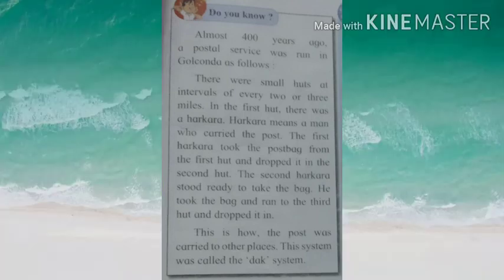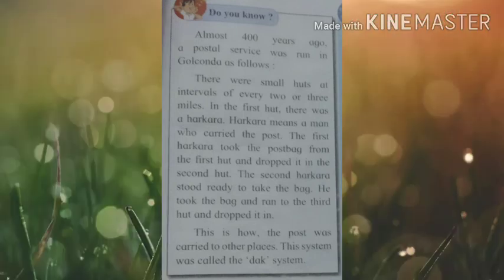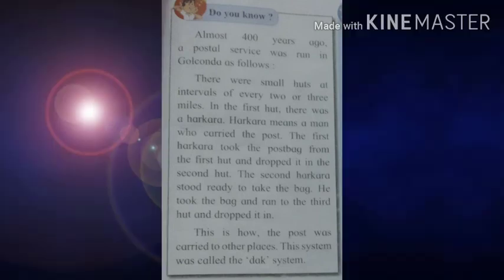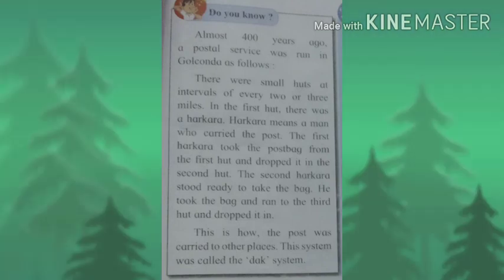The first harkara took the post bag from the first hut and ran to the second hut. The second harkara stood ready to take the bag. He took the bag and ran to the third hut. This is how the post was carried to other places. This system was called the dak system.